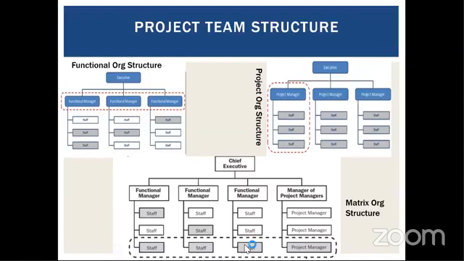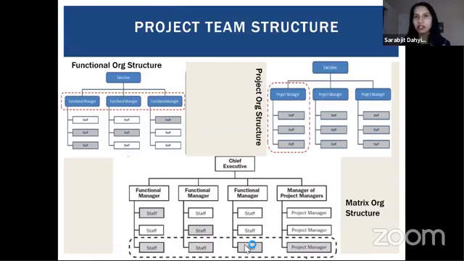Hey, Sarvjit, I have one question. What could be the possible questions from the functional manager to the business analyst? Say if something is not going to be deliverable, what could be the questions which come from the functional organization structure to the business analyst?